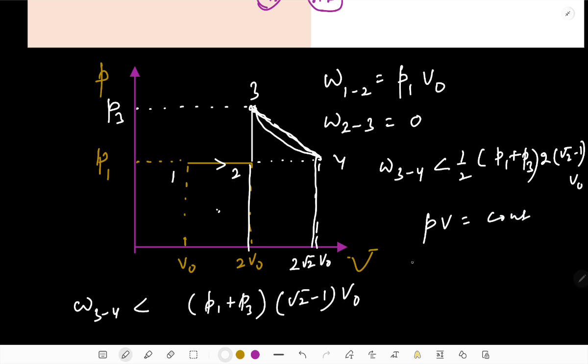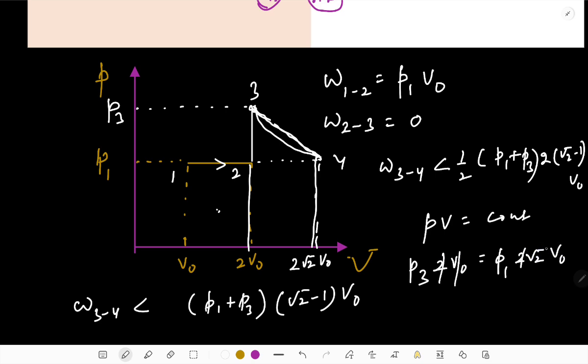So I can write here P3 times 2 V naught is equal to, here at state 4, the pressure is P1, and the volume here is 2 root 2 V naught.